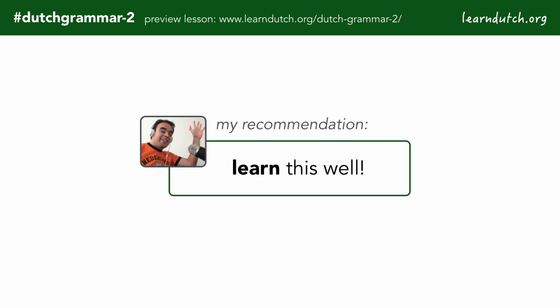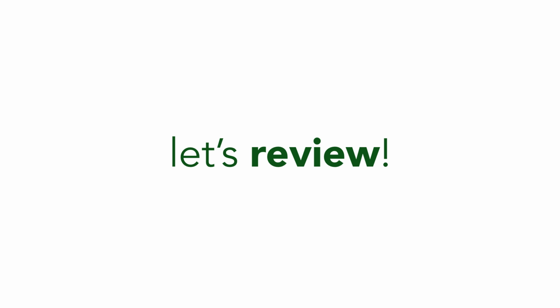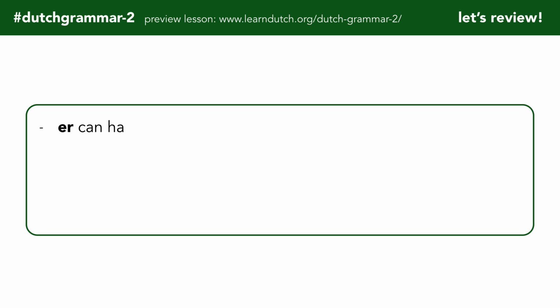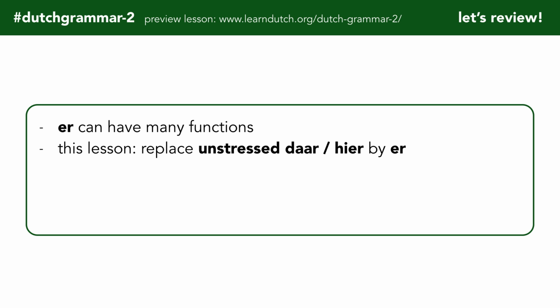Let's review. The word er can be used in a lot of different situations. It can have different functions. In this lesson, we've discussed one function: to replace the unstressed daar or hier to refer to a location in the previous sentence.